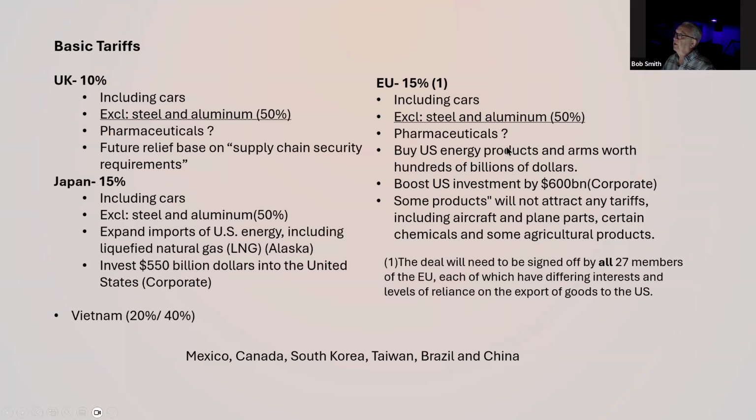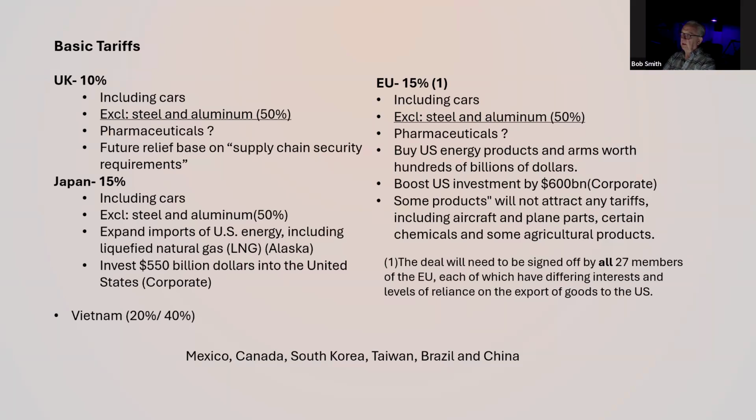The one other one that's interesting in the EU is energy products and arms. That in itself, I think, relates to the European and Canadian buildup in military. Lots of talk about buying European military equipment rather than US, and I think the US wants to make sure they get a big piece of that pie.